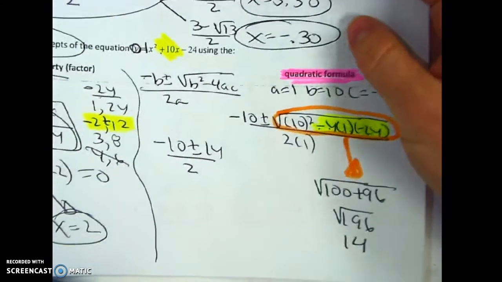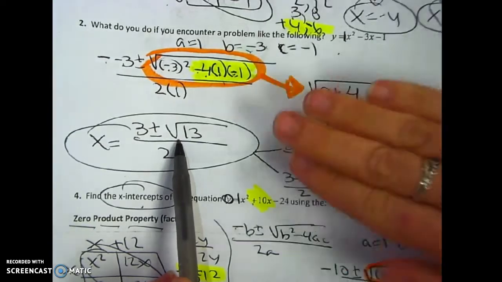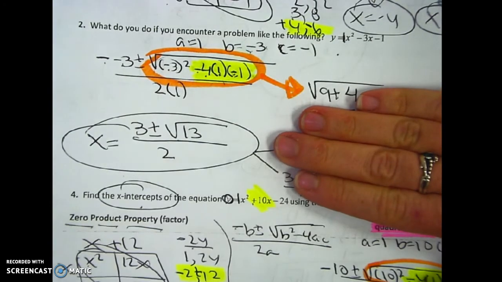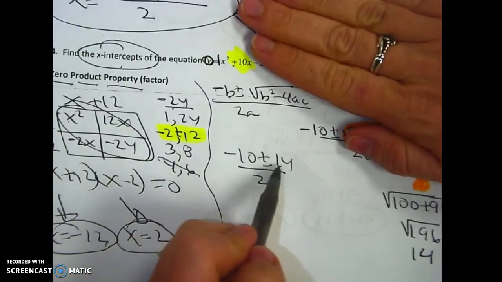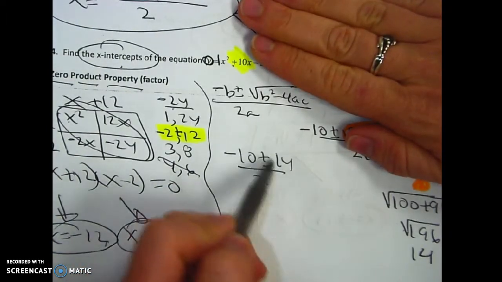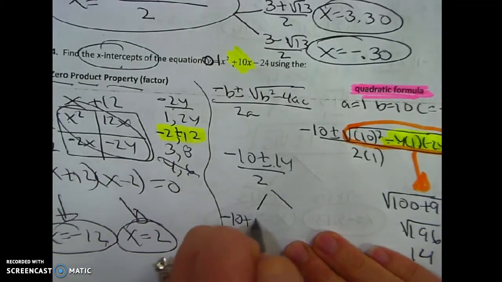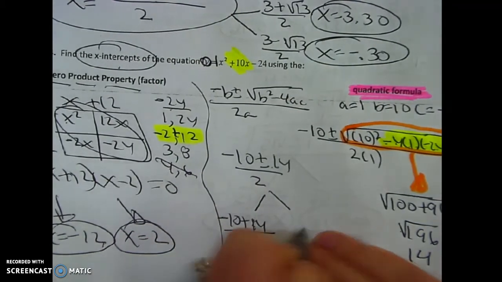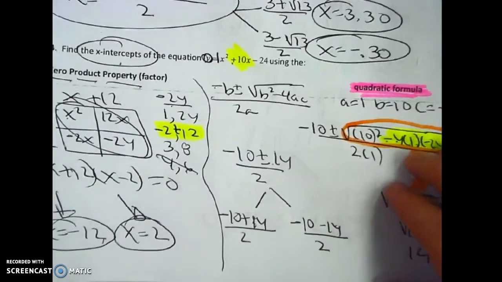So here's what I want you to see. In this case, I couldn't keep going because I couldn't find the square root of 13 and I was good. This was bonus. But here, I could take the square root of 196, which was 14. So I have to keep going. I have no choice. Some of you can do this in your head.